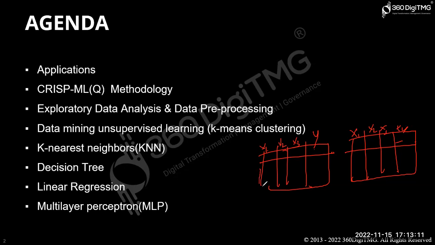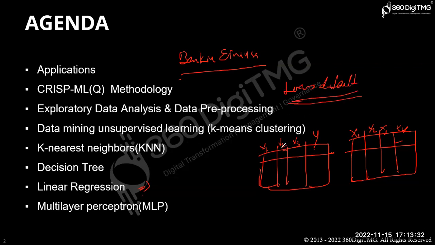Let's consider COVID data, or since we are discussing banking and insurance analytics, you can take loan default as data. It is one of the use cases. Let's say, based on a few features, we want to tell whether a particular person is going to be a defaulter or not.